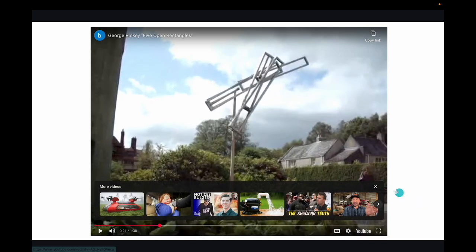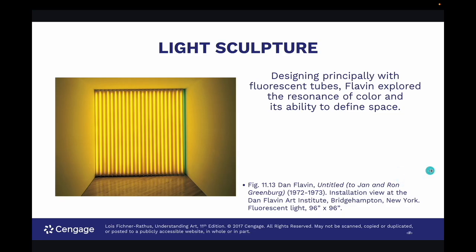So kind of cool, the idea that they're always changing, and you always get a different combination of forms from the wind.